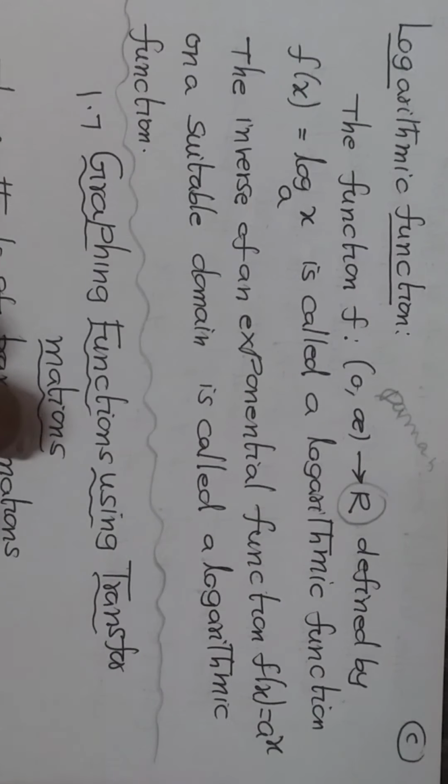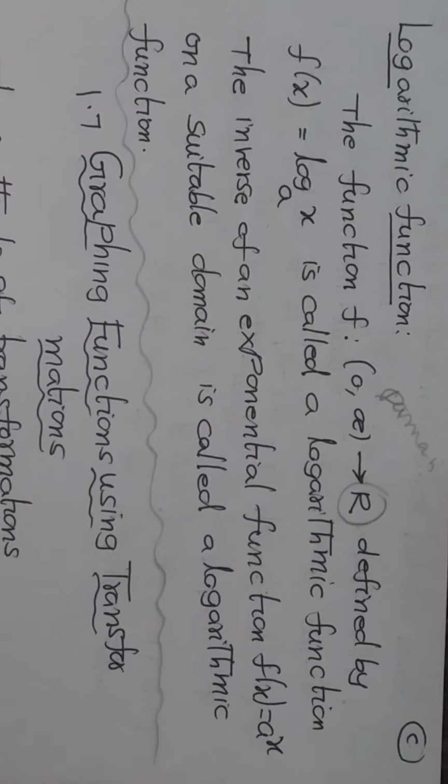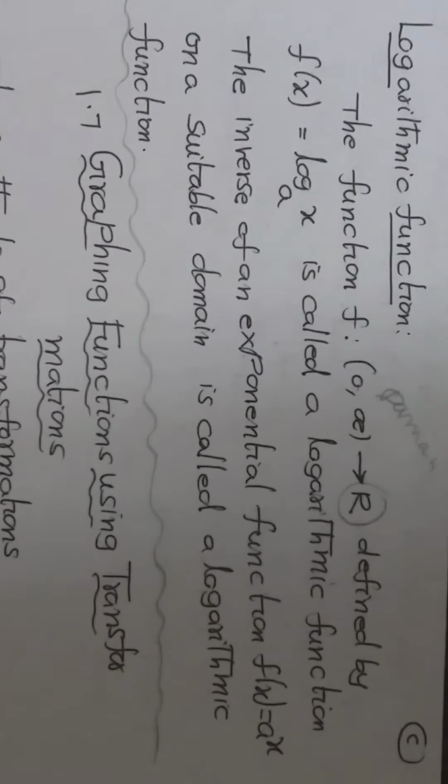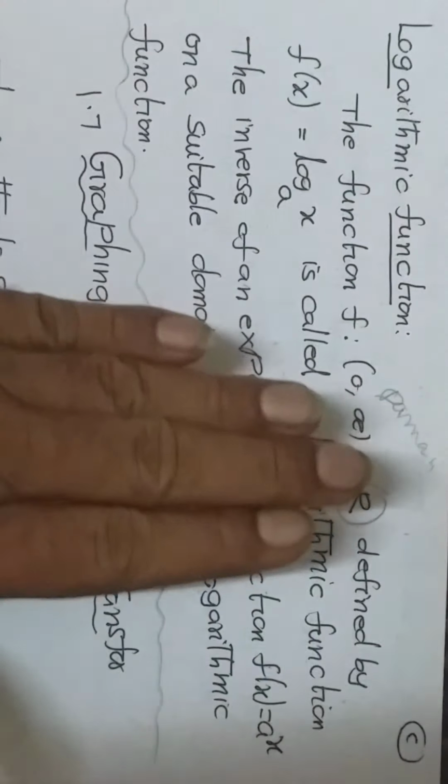The inverse of an exponential function is generally known as the logarithmic function, but you should take a suitable domain, 0 comma infinity. A power x we already saw. If you take the inverse of that a power x, it becomes a logarithmic function only. So students, for the graph you can refer to the textbook. Anyway, this logarithmic function you are going to see deeply in chapter 2. That's why I didn't explain much, but you should know at least the domain. The domain is 0 comma infinity. Log x base a: x can take only positive values.